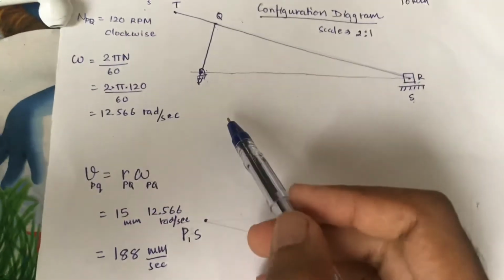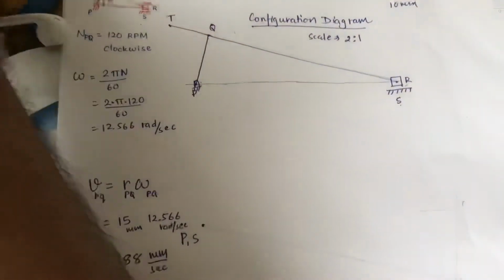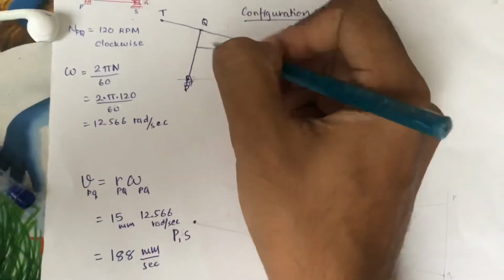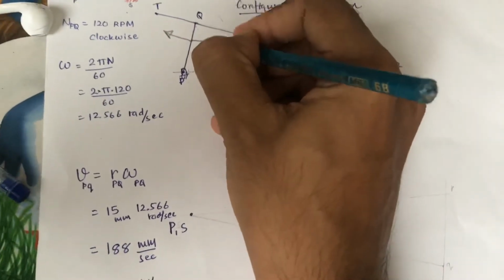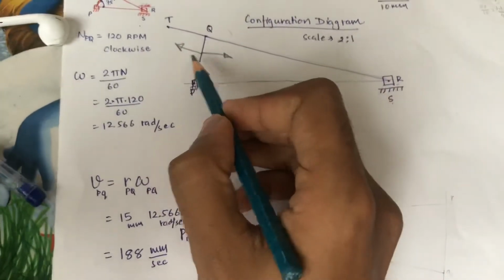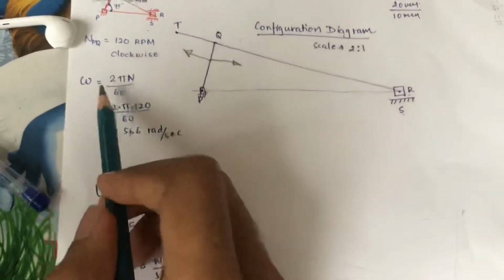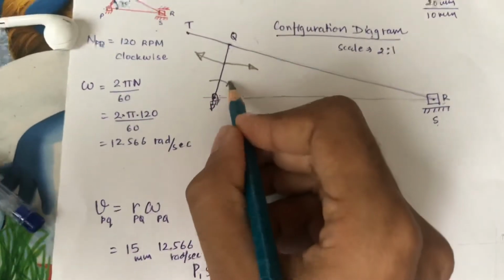Now the direction of the PQ link. The direction of velocity of any link is perpendicular to that link. Two directions are possible, but according to 120 rpm it is clockwise, so it is in this direction.